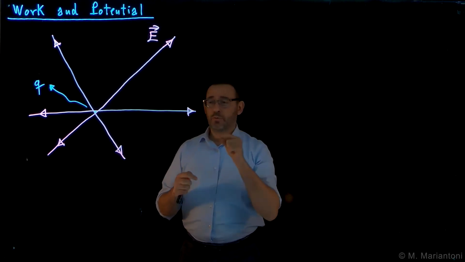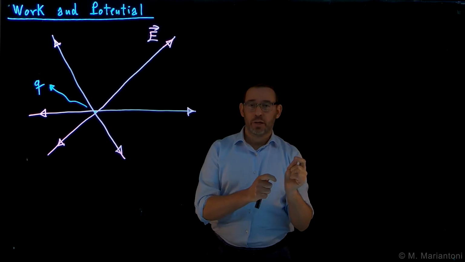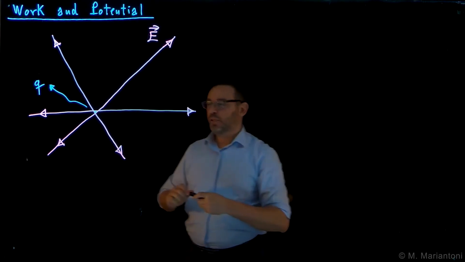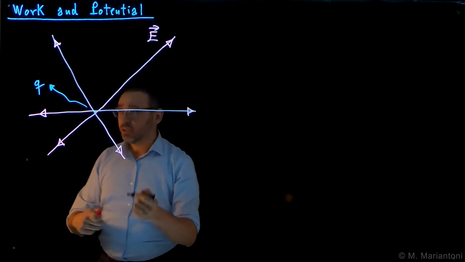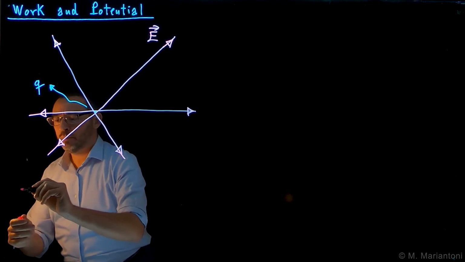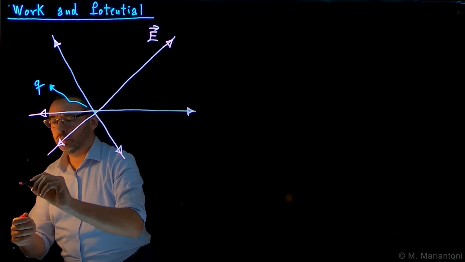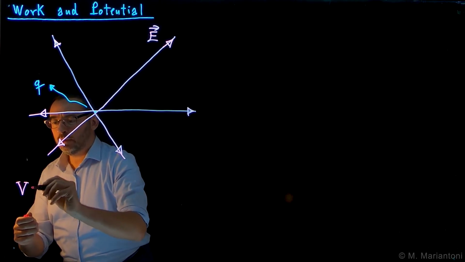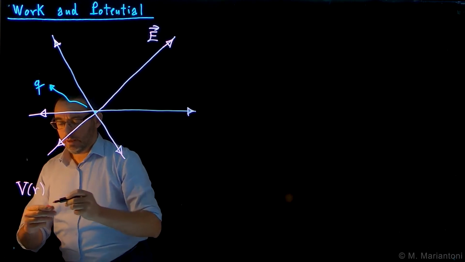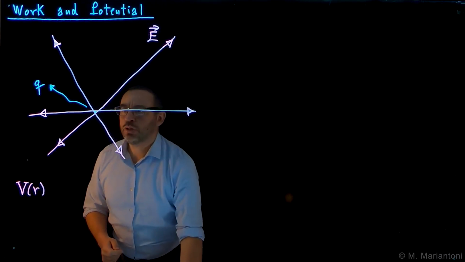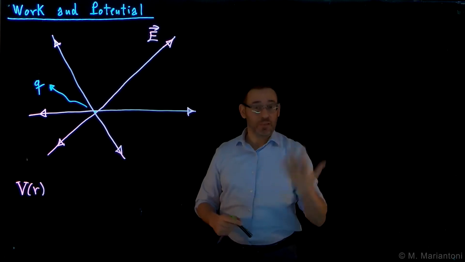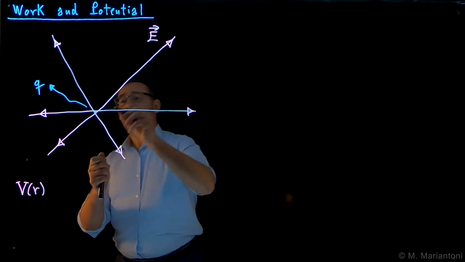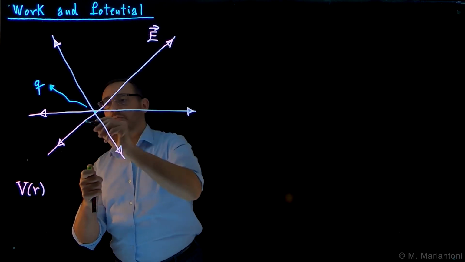We know that for such a Coulombian type electrostatic field, the electrostatic potential, a scalar function V associated with it, mathematically can be written as V of R. Let us choose, as always, a spherical coordinate system where the radial axis coincides with this field line here.